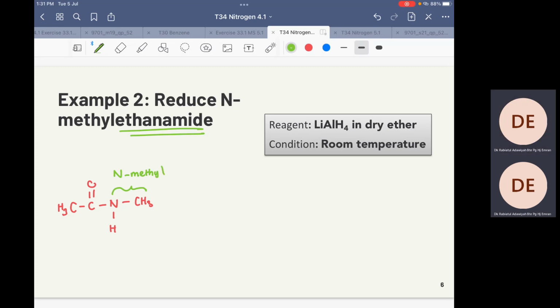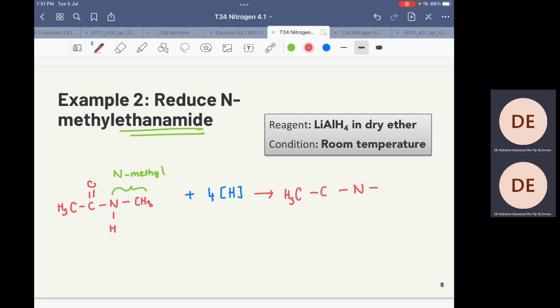Okay, same thing. We want to reduce the amide. We need 4 hydrogens, and that's our representation of a reducing agent. We don't want to add lithium aluminium hydride in our equation, otherwise it would be a nightmare to balance. Can be done, but just not our concern.